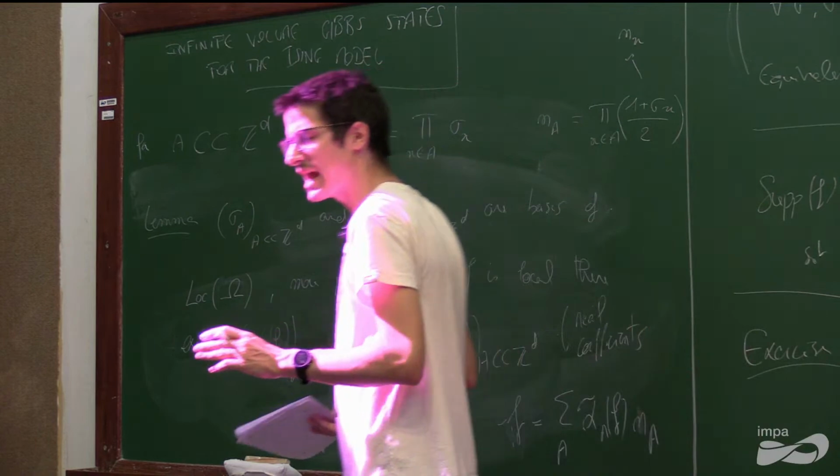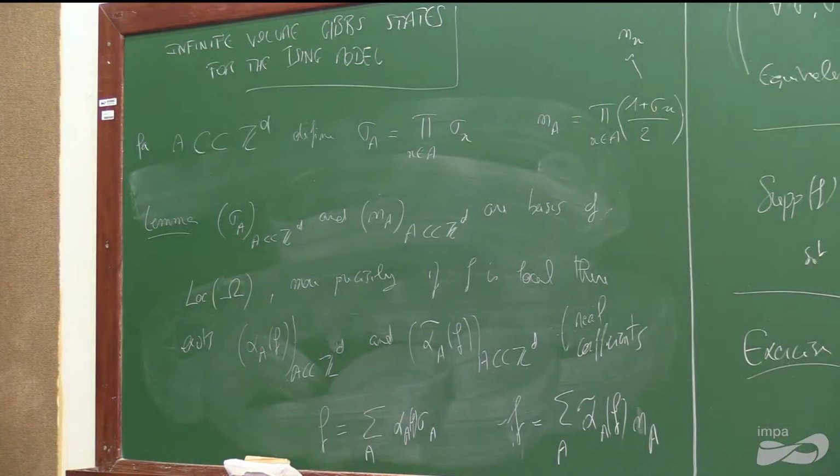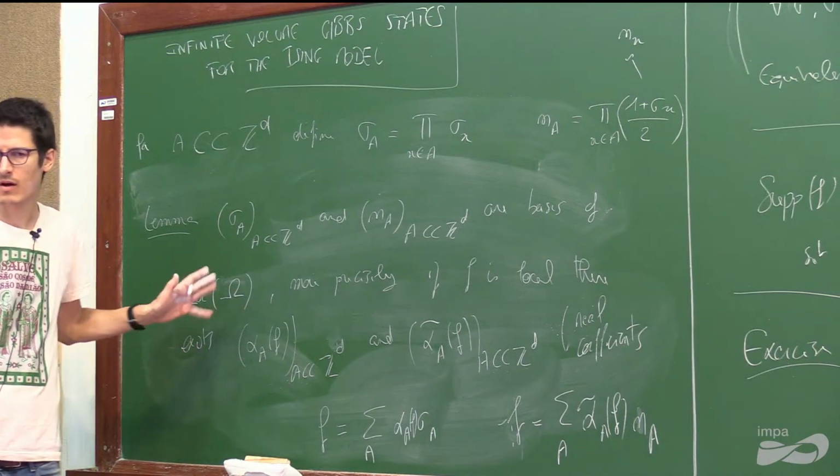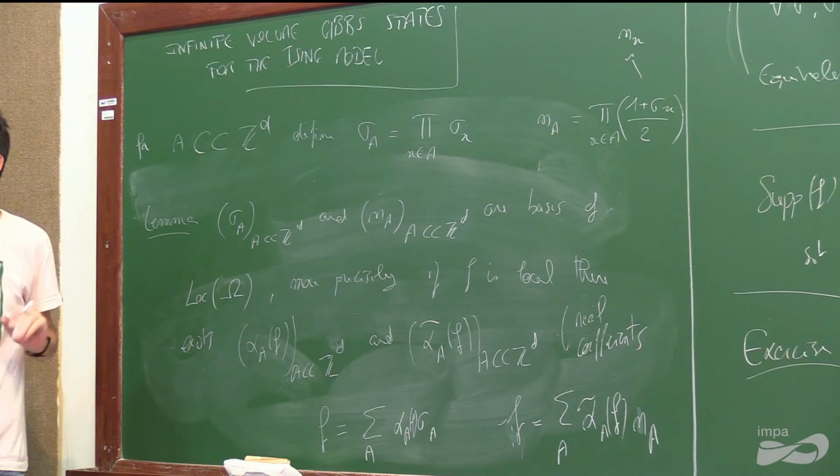Okay, so any f, you can write it as a linear combination of the sigma_A's or of the N_A's, and the linear combination is unique because it's a basis. And these coefficients, only finitely many of them are non-zero.